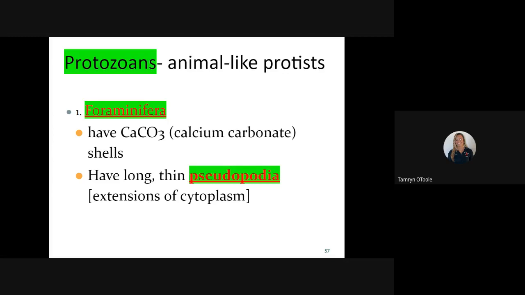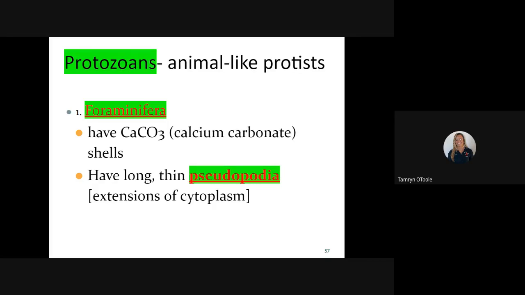They also have long, thin pseudopods. And pseudopods are another type of locomotion structure. They also help with feeding as well. So a pseudopod basically just means false foot. And when we talk about foraminifera, if you want to write this off to the side, amoebas.